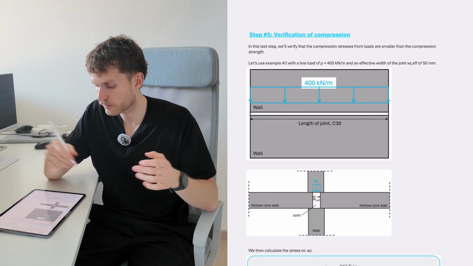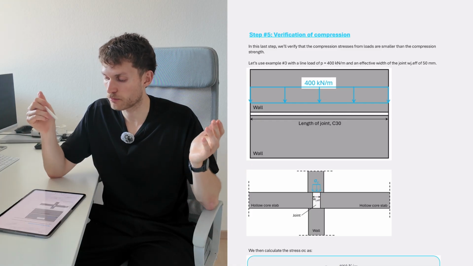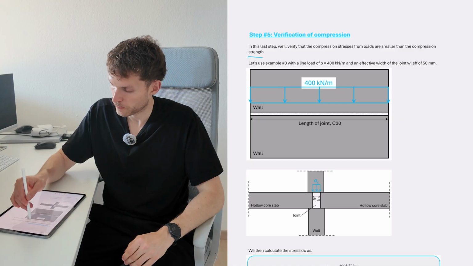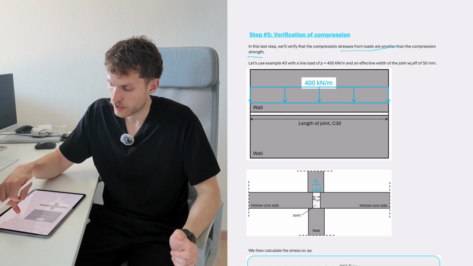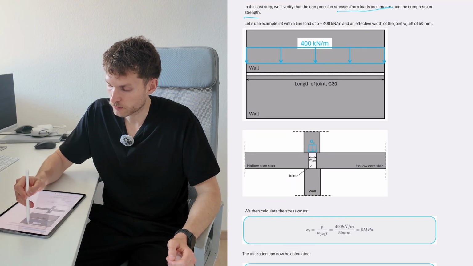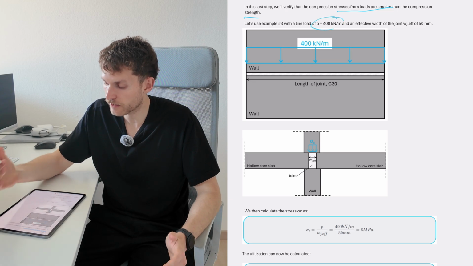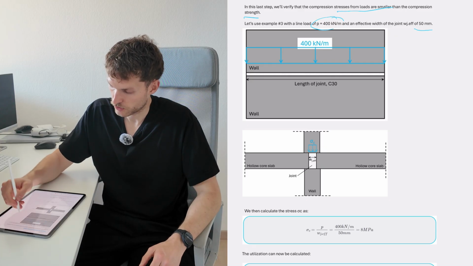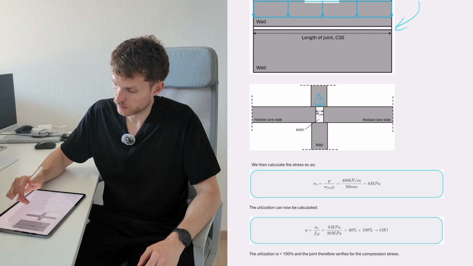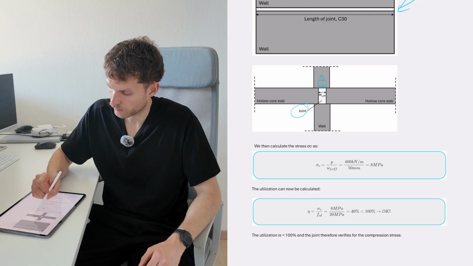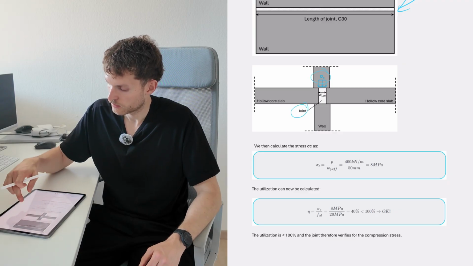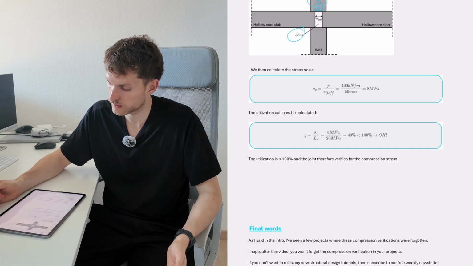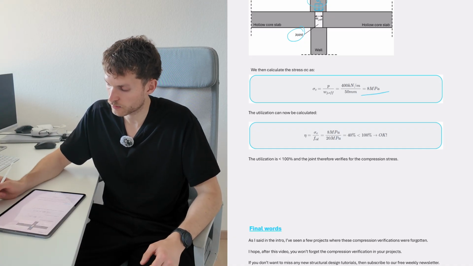Now the final step, step 5, the verification of compression. In this last step, we'll verify that the compression stresses from loads are smaller than the compression strength. Let's use example 3 with a line load of 400 kilonewton per meter and an effective width of the joint of 50 millimeters, which you can see in this picture. And here you can see the joint width and the compression stress. So first we calculate the stress, sigma C, as 8 megapascal.